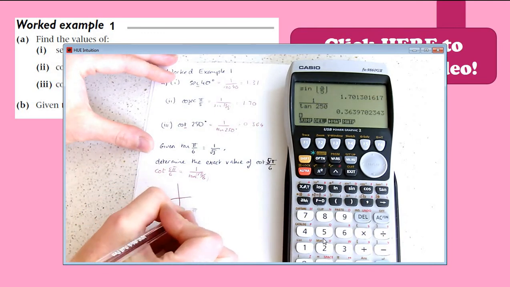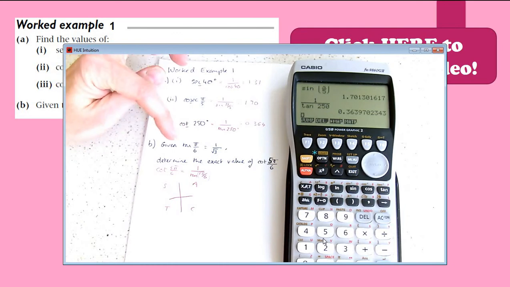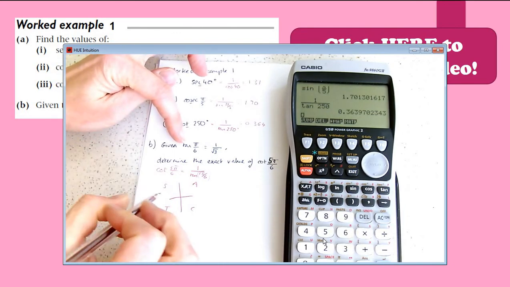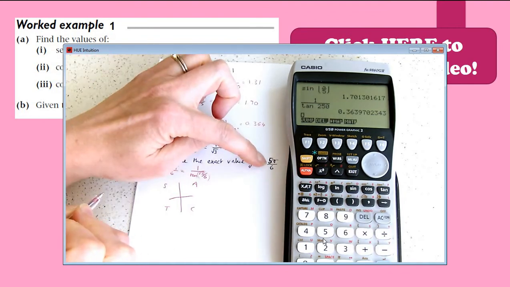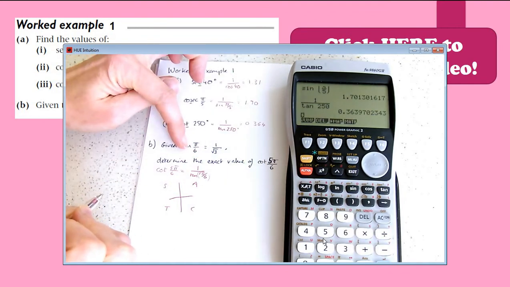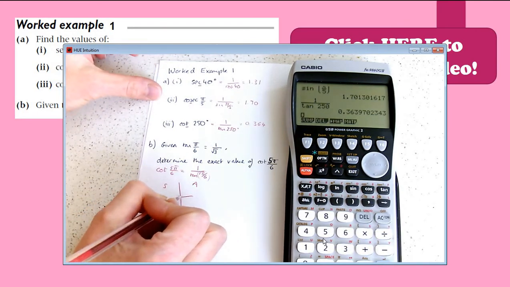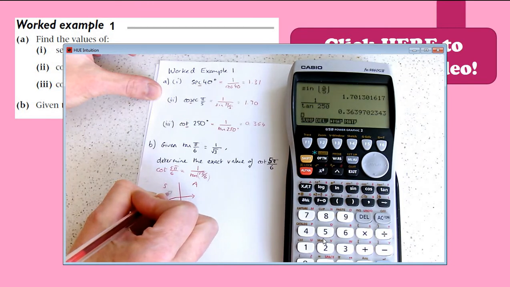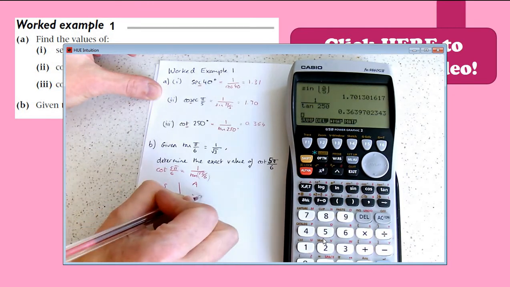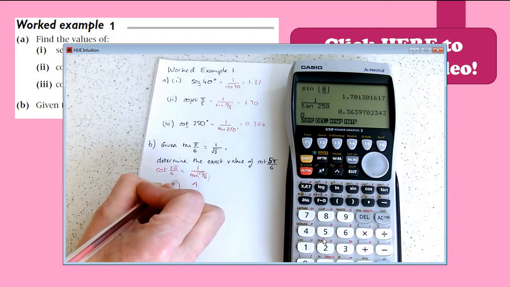So here we go for a cast diagram. I know that tan of pi over 6 is 1 over root 3, so I'm going to try and relate my 5 pi over 6 to pi over 6. Let's find out where 5 pi over 6 is. Starting from the positive x-axis, we go anti-clockwise for positive. We get up to pi over 2, which would be 3 pi over 6.